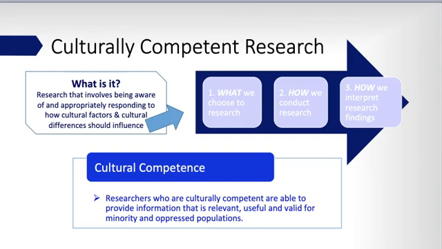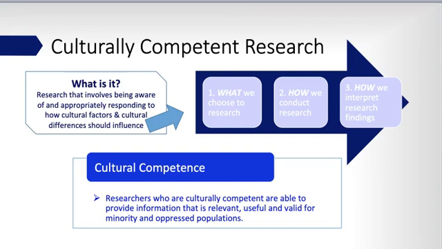So make sure, in terms of how we conduct the research study, that the various elements of the population, the various demographic groups within the population, are adequately represented. And then when you are interpreting the research findings, make sure that the study is generalizable to all the different demographic groups within the population.